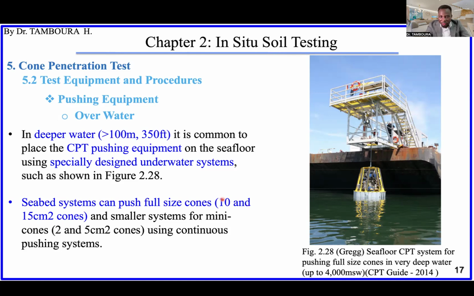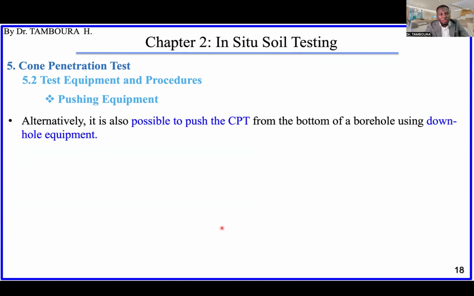And we have agreed that 10 and 15 square centimeters are the most common. So this system can use these 10 to 15 square centimeter cones.